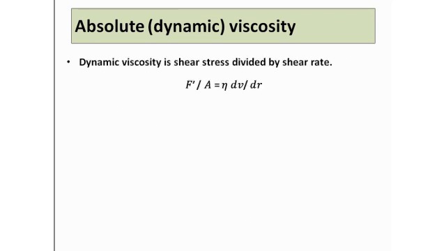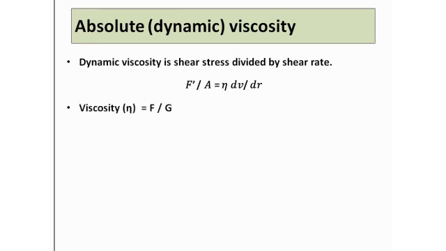Now there is a concept in the Newtonian flow, known as the absolute, or dynamic, viscosity. So what do we mean by dynamic viscosity? Dynamic viscosity can be defined simply as the shear stress divided by the shear rate.